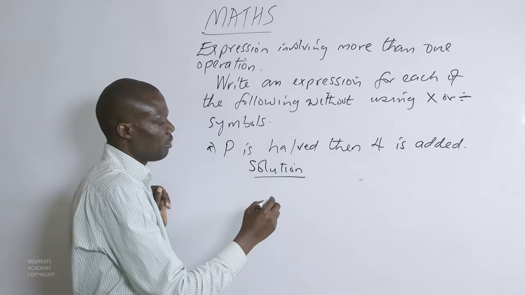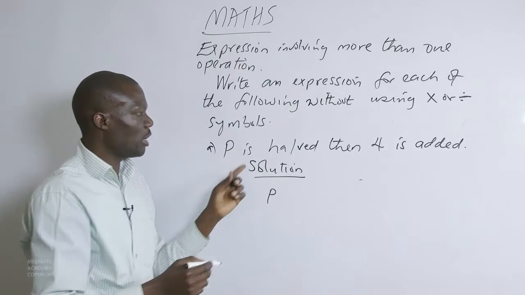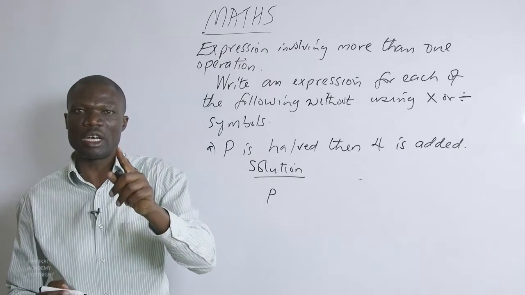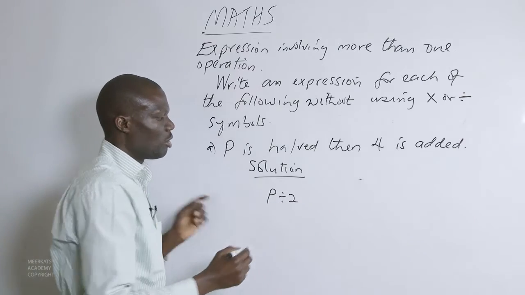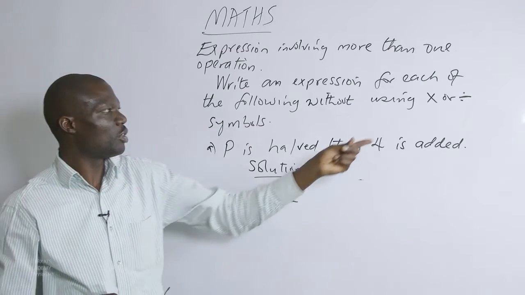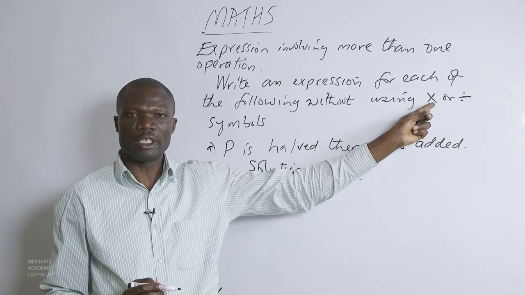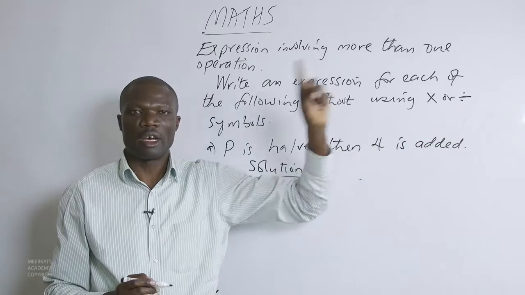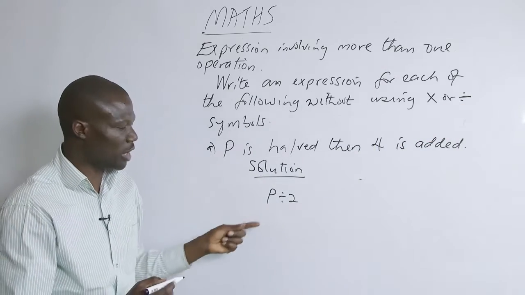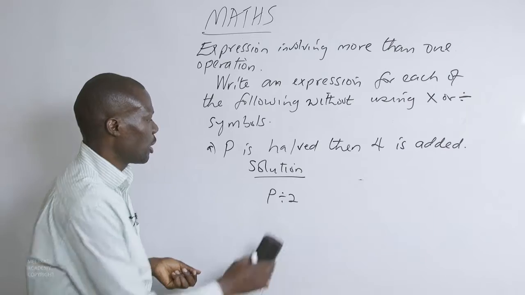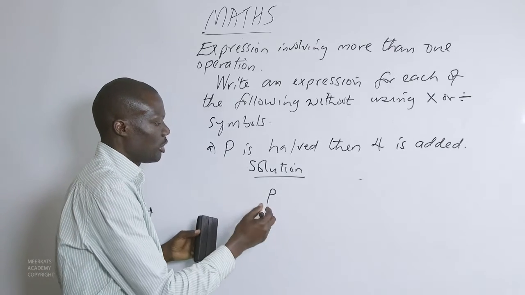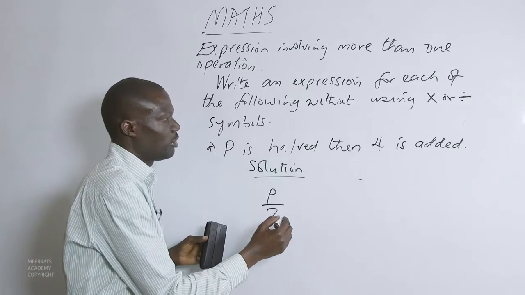We shall have P is halved, which means when it's halved, it is divided by 2. But we've been told to avoid a multiplication symbol or a division symbol, which means that we shall not write it this way, but instead we shall halve it by putting P over 2.